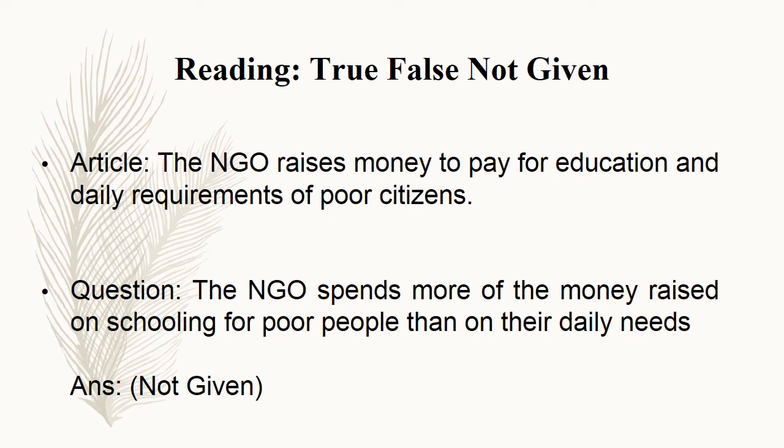Article says that the NGO raises money to pay for education and daily requirements of poor citizens. The question statement says the NGO spends more of the money raised on schooling for poor people than on their daily needs. Read the question critically and carefully and analyze it.